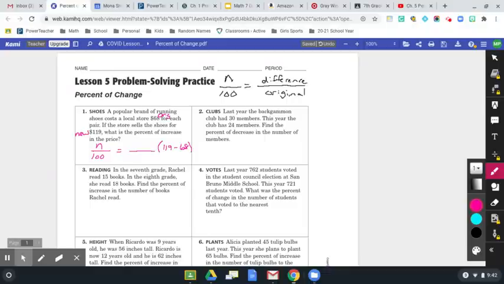When you subtract in your calculator, I hope you see that that is a difference of $51. And underneath, we put that original amount. The original amount was 68.